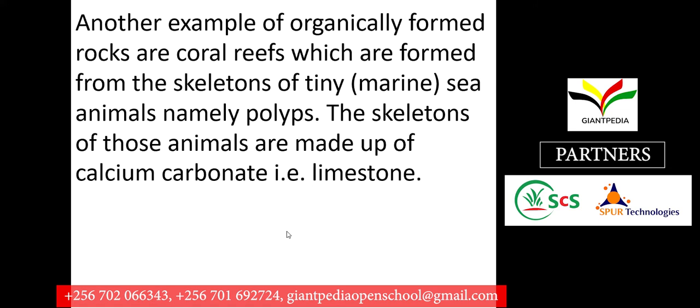And they're used for making the limestone we use as a building material, construction material. For example, in Mombasa at Bamburi, the Bamburi cement is basically from coral limestone, while Hima and Tororo cement are mainly from dolomite limestone.